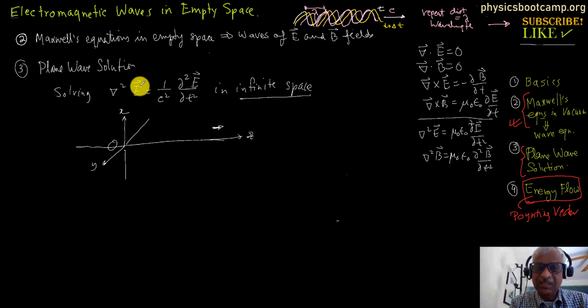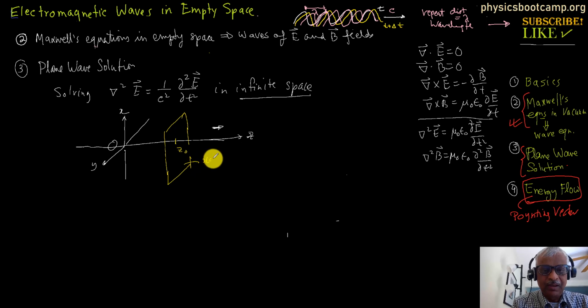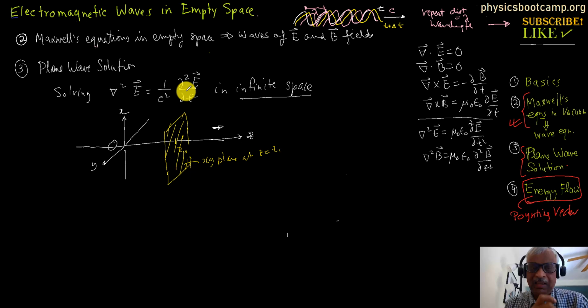Okay, we'll see one solution, a solution where if I take a particular value of z, say some z0, and a plane parallel to the xy plane, the xy plane at z equal to z0, then on this plane the electric field has the same value.